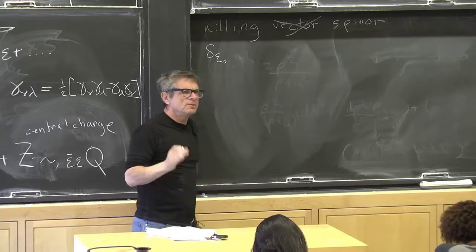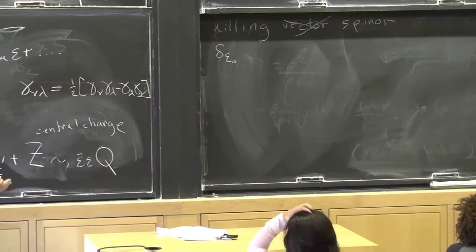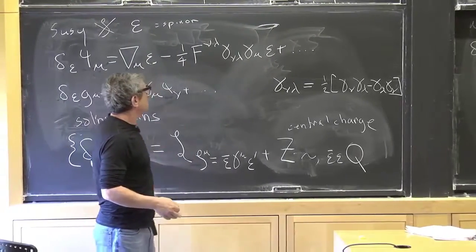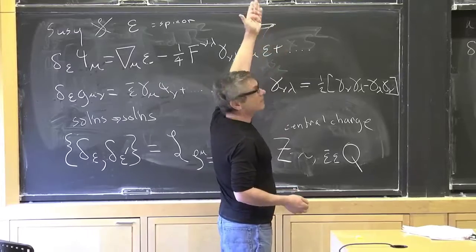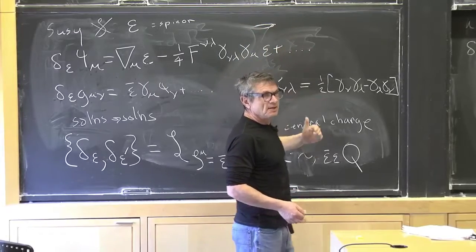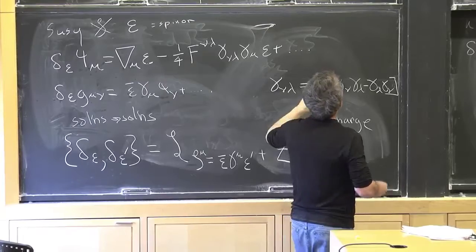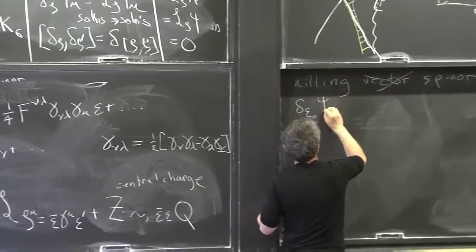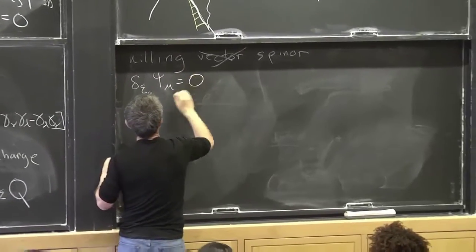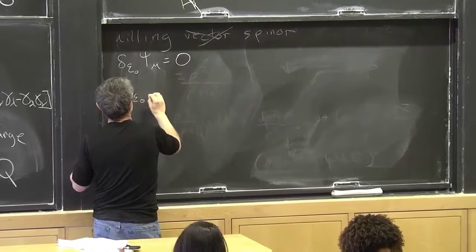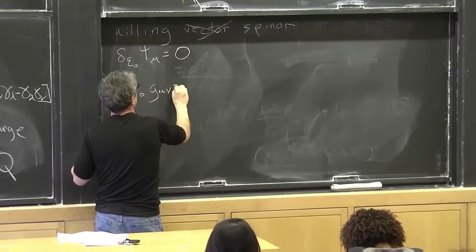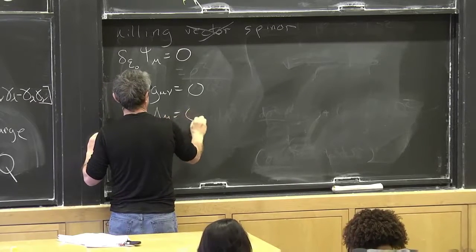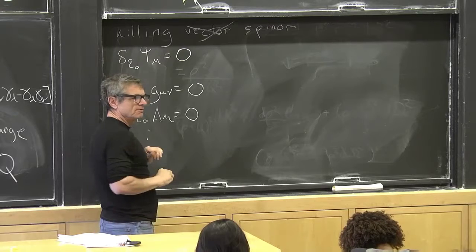So these formulas over here are true for any spinor, for any Dirac spinor, just as these are true for any vector field zeta. For particular vector fields, I could have put a 0 up there, we would have all of these conditions, and more if there are more fields in the theory.